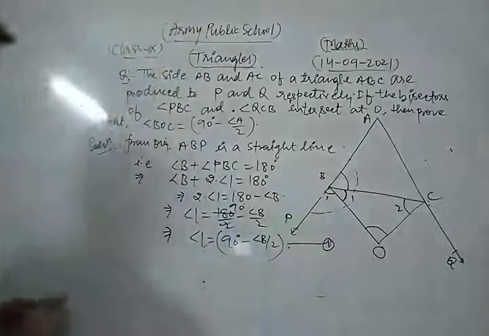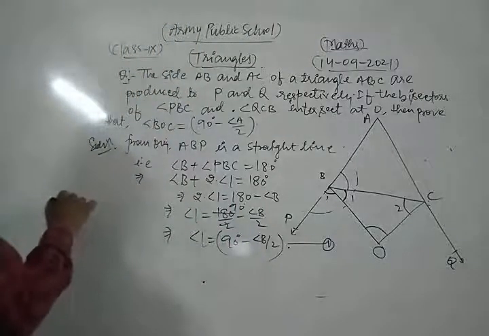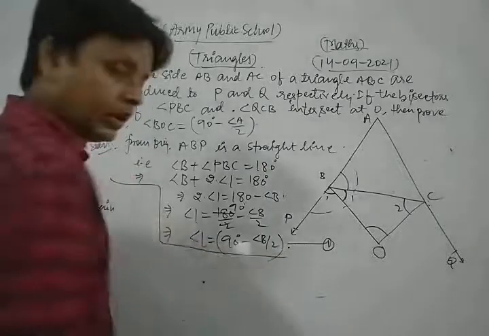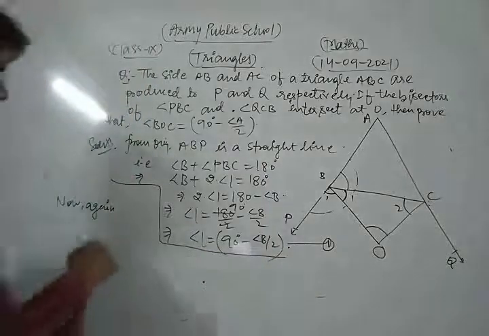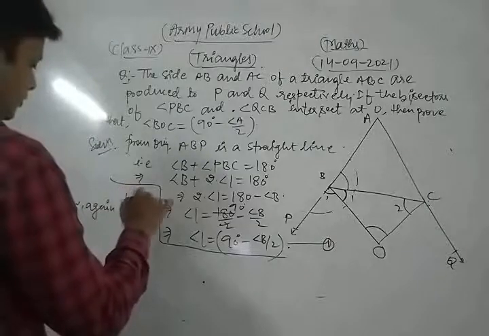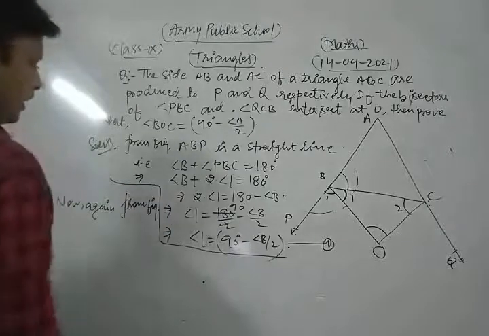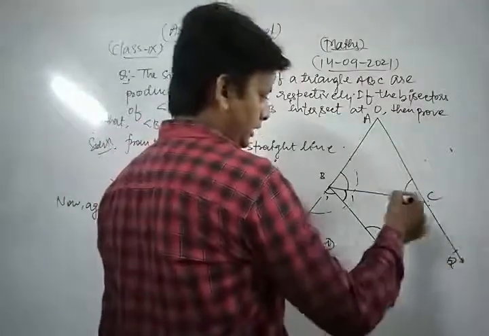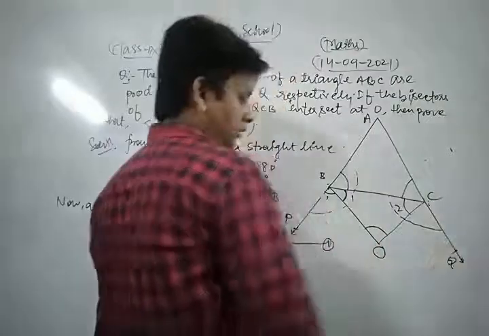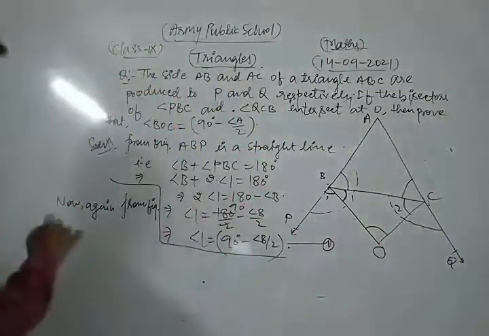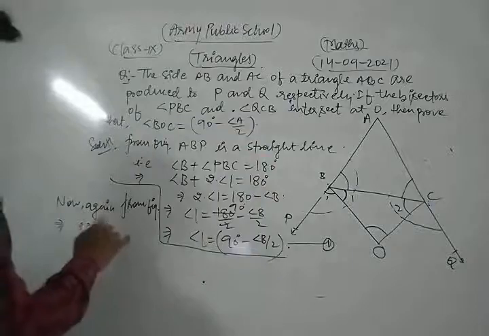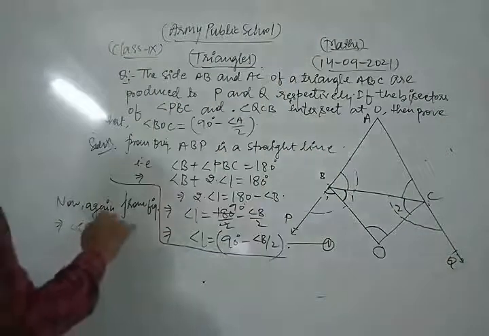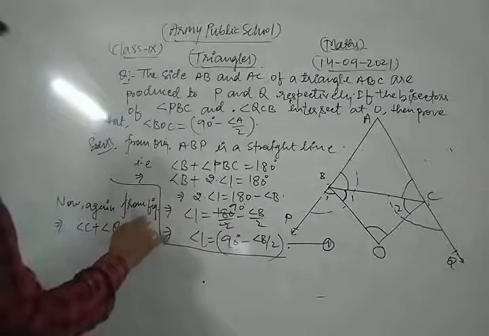Now again from the figure, look, the sum of angle C and angle QCB is 180 degrees. So angle C plus angle QCB is equal to 180.